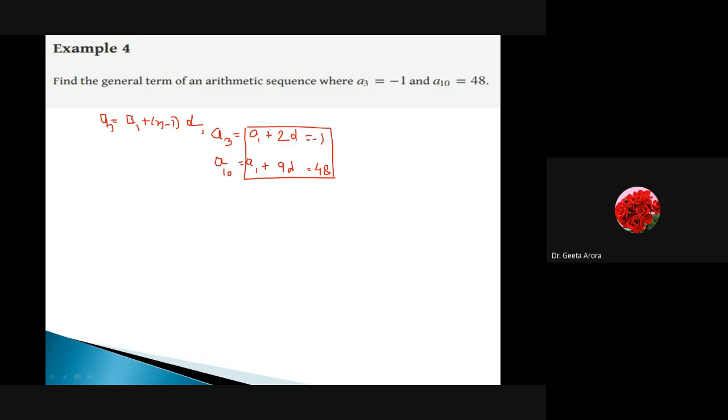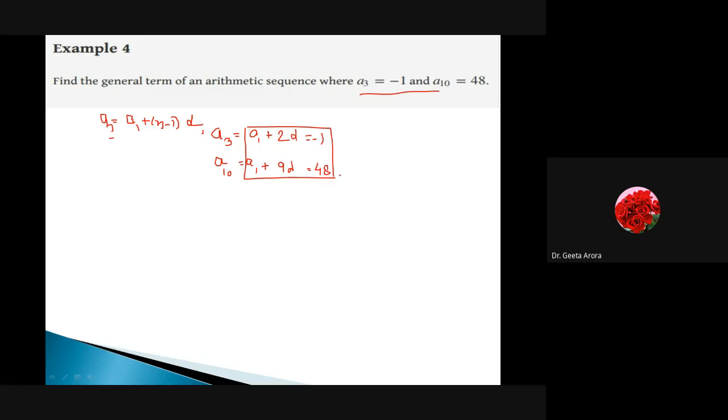But since we have been provided with A3 and A10, we have to use them, and write A3 is equal to A1 plus 2d using this formula. If I write n as 3, it becomes A1 plus 3 minus 1, meaning 2d, which is minus 1. Here if I write n as 10, it becomes A10 is equal to A1 plus (n minus 1), so I will get 9d, which is equal to 48.